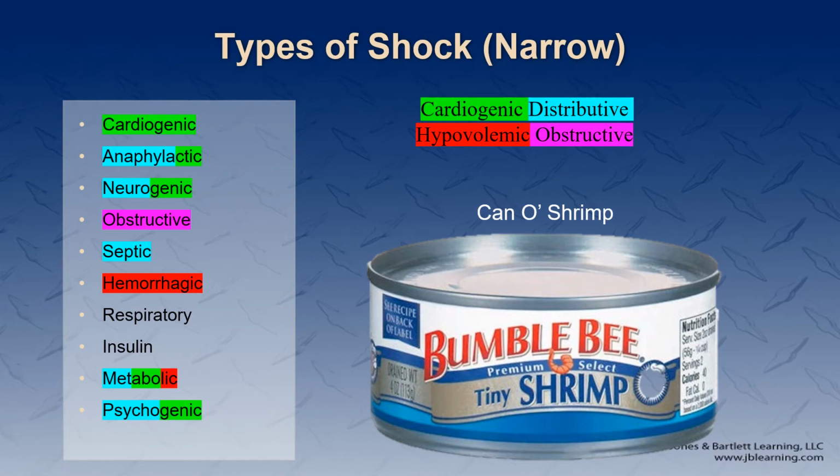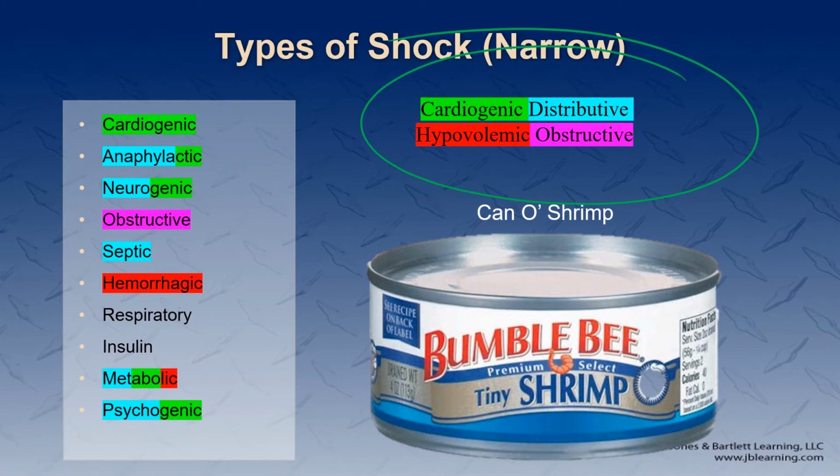So here's our 4 major classes of shock over here, and I have color coded these to try to help you keep track of which one can cause which. Not 100% foolproof, but this is the way my brain works. If it doesn't help you, forget about the colors.